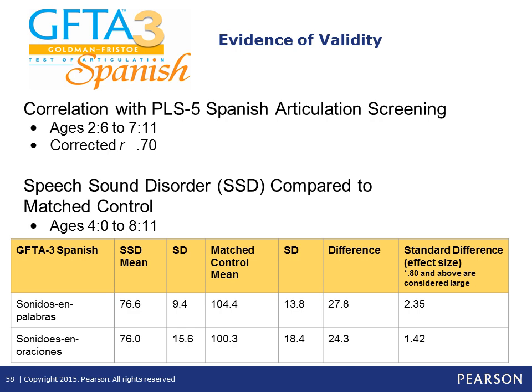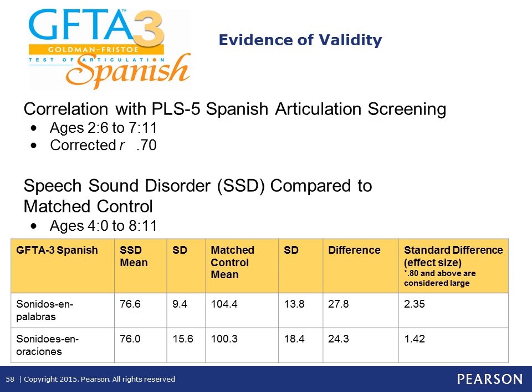Additionally, we did a study with individuals with speech sound disorders and a matched control group from the normative sample. The standard difference is the effect size, which expresses the difference between two scores in SD units. This enables a comparison of discrepancy scores across tests. Effect sizes of 0.5 are considered moderate, and 0.8 and above are considered large.